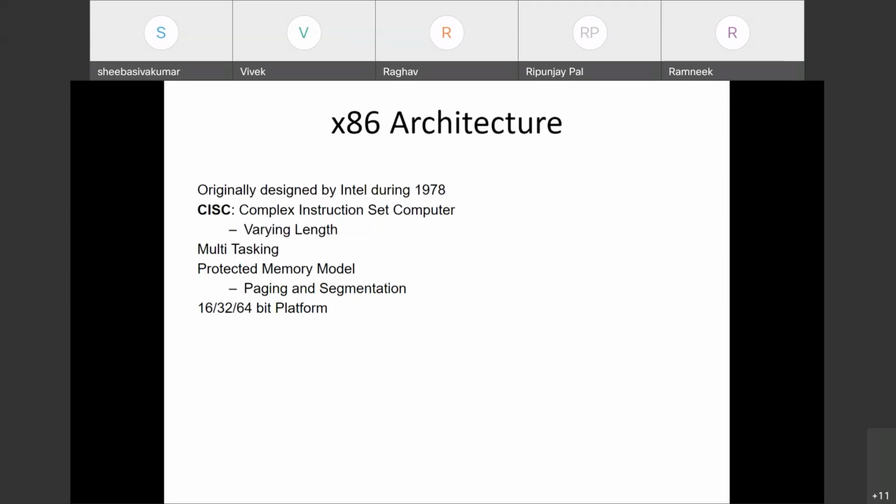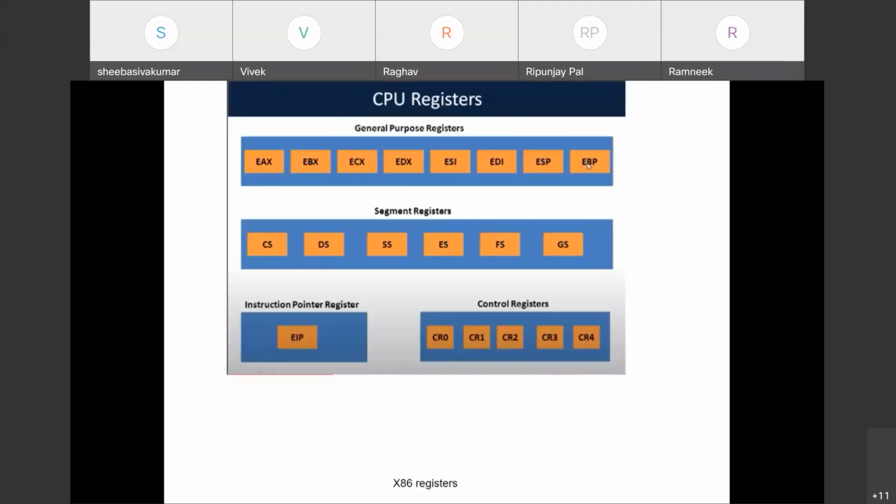You might be used to using Windows 32-bit on your computer, but now Windows only runs on 64-bit. So all these types, 16, 32, and 64-bit, use the x86 file.